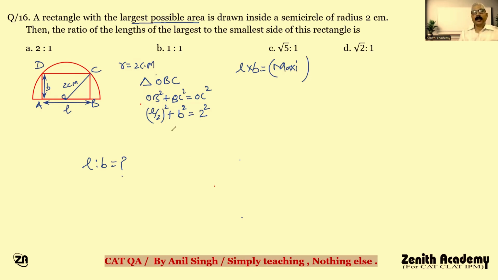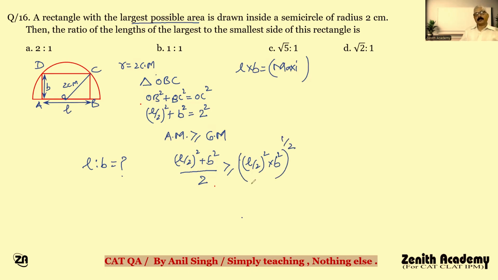Look here, arithmetic mean is greater than or equal to geometric mean. So if I take L by 2 whole square plus B square, divided by 2, it is the arithmetic mean, and this will be greater than or equal to the geometric mean of L by 2 whole square and B square.